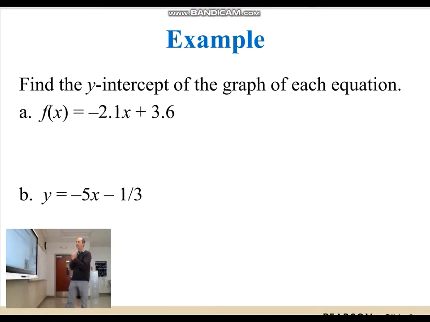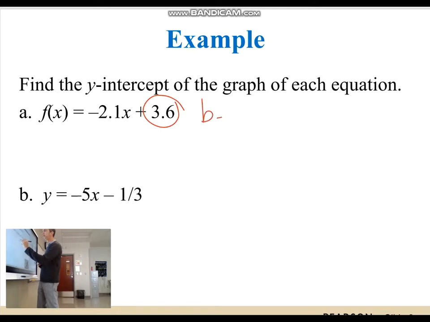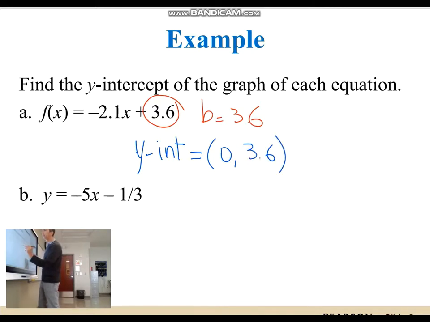Examples here. Find the y-intercept of the graph of each equation. So this is b. b is 3.6. That means the y-intercept is x equals 0, y equals 3.6.